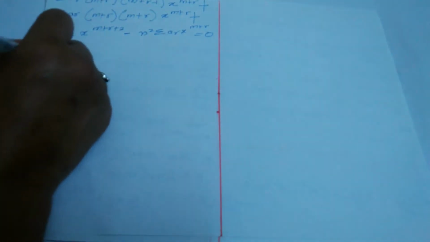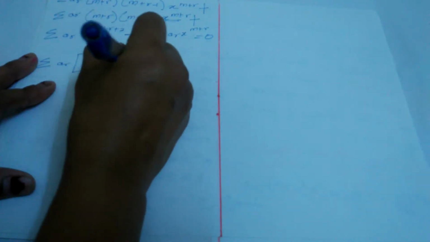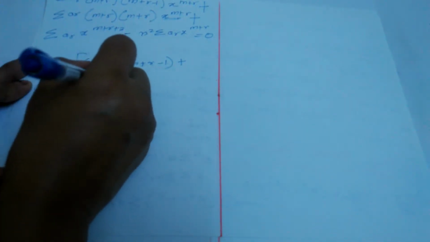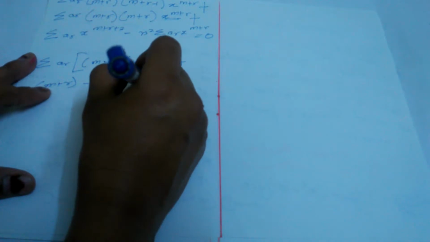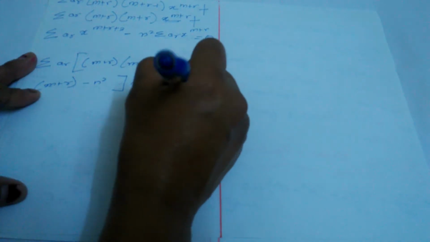Now summation of a_r, we are just taking out this term as common, from this term, this and this one. So a_r bracket m plus r, then m plus r minus 1 plus m plus r minus n square, it will be x raised to m plus r, plus the remaining term. So which is the remaining term?